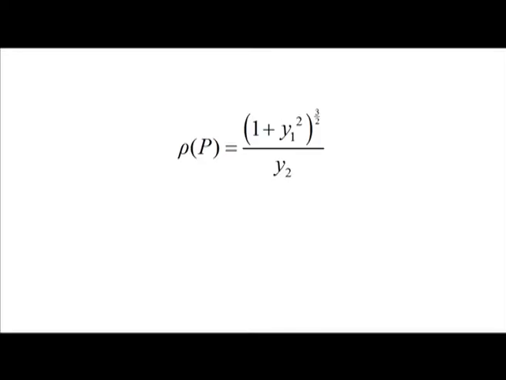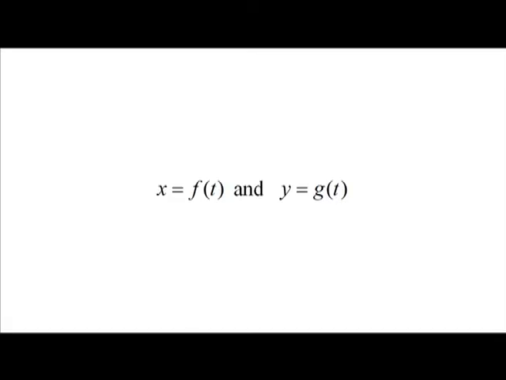We know that the formula in Cartesian coordinates for radius of curvature at a point P with the coordinates (x, y) on the curve y is equal to f of x is rho of P is equal to (1 plus y1 square) all raised to 3 by 2, all divided by y2, where y1 is equal to dy by dx and y2 is equal to d square y by dx square are evaluated at the point P.